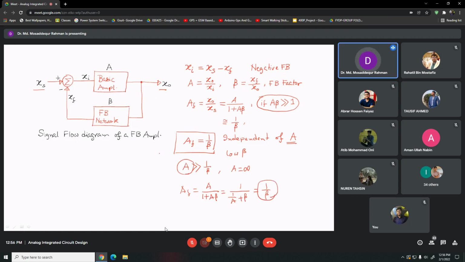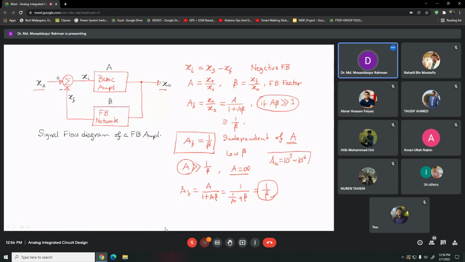So that is our ideal condition, ideal gain, right? And that's why we say that ideally an op-amp should have infinite gain. Then we can write that AF is 1 over beta. Practically we cannot have infinite gain, but we try to make it as high as possible. And op-amp gain, as you know, is very high, about 10 to the 5 to 10 to the 6, right?